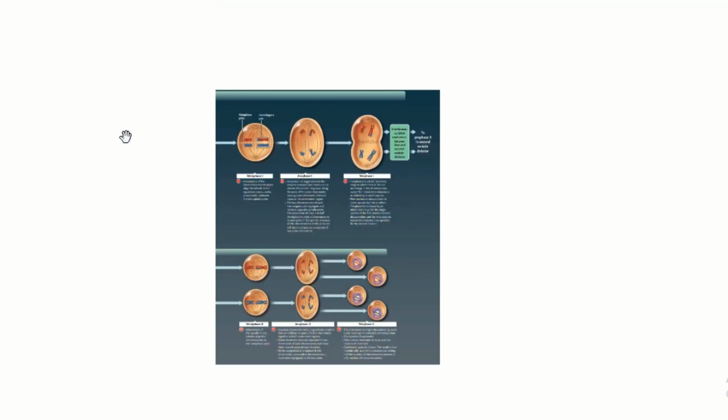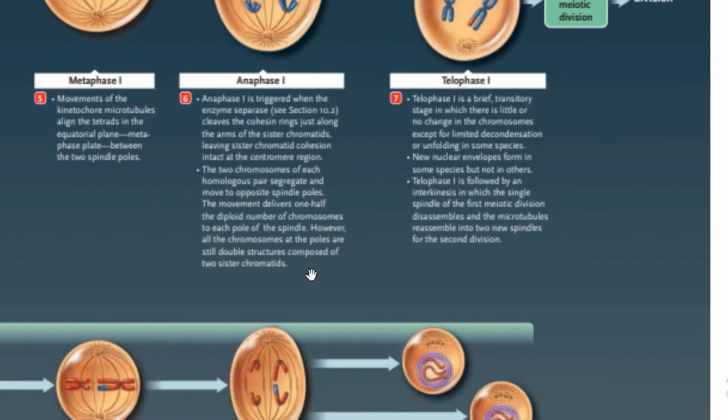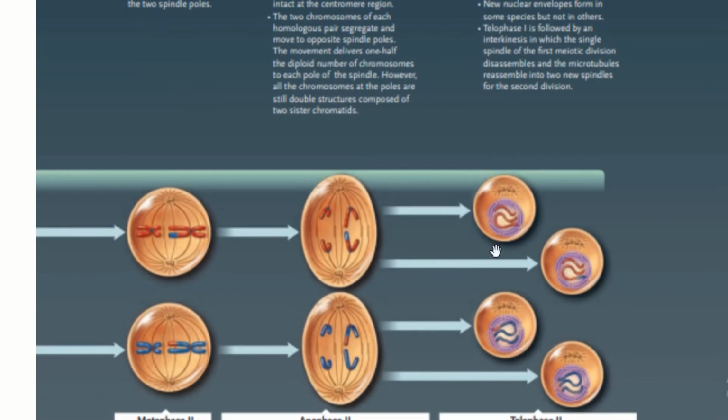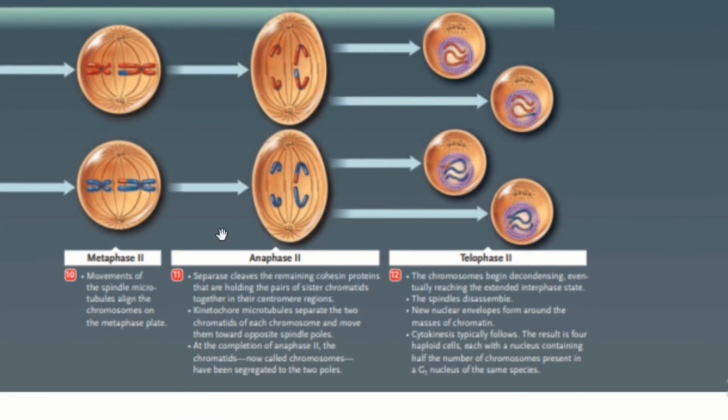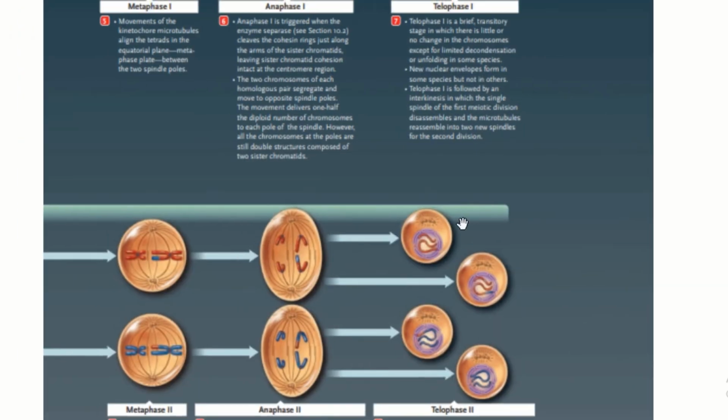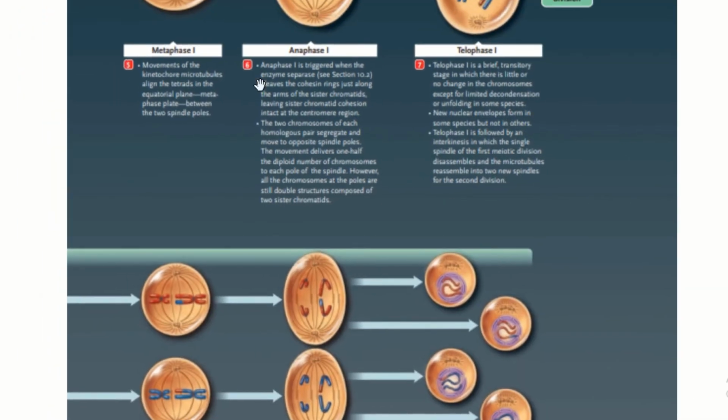And then there is metaphase 1, anaphase 1, telophase 1, and then metaphase, anaphase, and telophase 2. This brings us to the end of the unit, cell division and cell cycle.